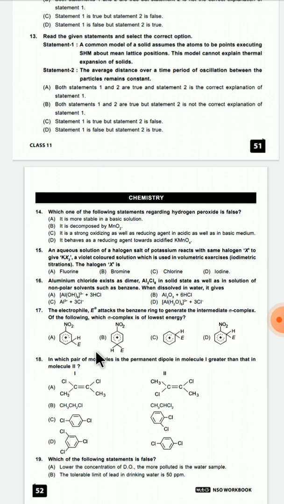Question number 17. The electrophile E positive attacks the benzene ring to generate the intermediate complex. Following which, complex is of the lowest energy? Here benzene is given with 6 carbon atoms, and a ring to generate the intermediate complex.